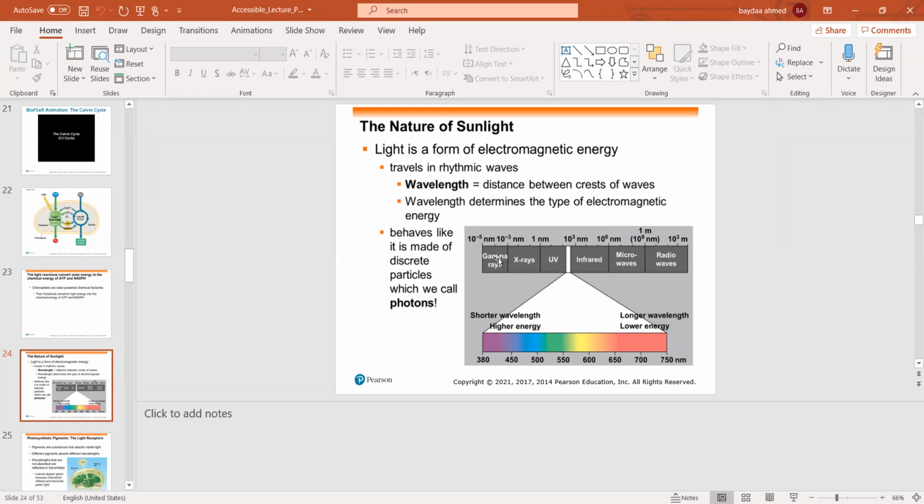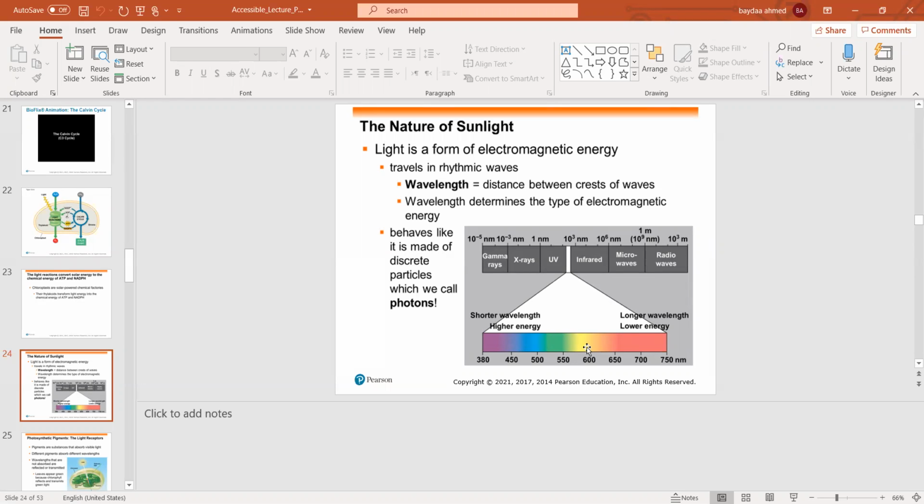This entire range of radiation is known as the electromagnetic spectrum. The segment most important to life is the narrow band from 380 to 740 nanometers in wavelength. This radiation is known as visible light because it can be detected as various colors by the human eye.